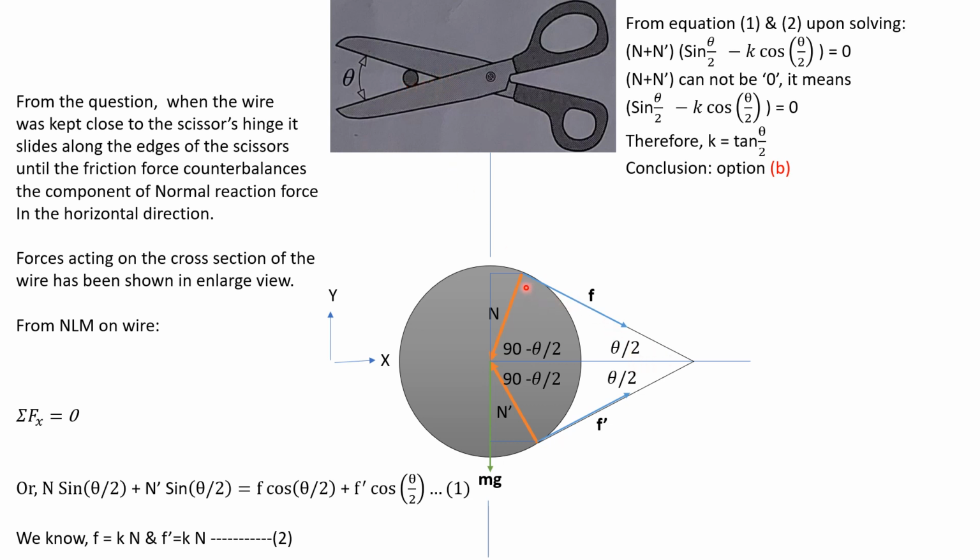We have shown this friction force over here. From the top edge, the friction force is F. At the bottom edge, the friction force is F dash. And these forces will be tangent, perpendicular to N and N dash.